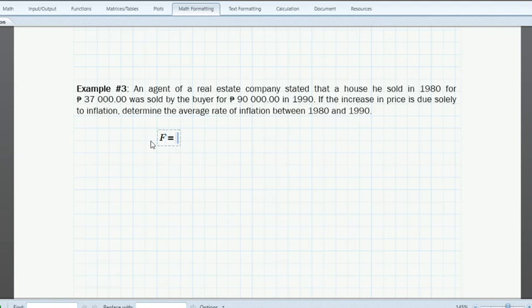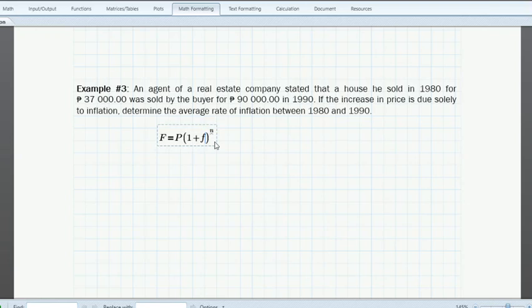So, we have F is equal to P times 1 plus interest raised to N. Pero, ang sabi kasi dito, if the increase in price is due solely to inflation, inflation lamang ang nakaapekto daw doon sa pagtaas ng presyo. So, we can let the interest as the average inflation rate.